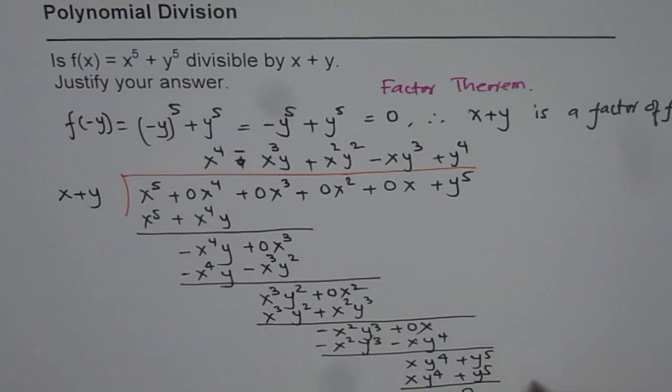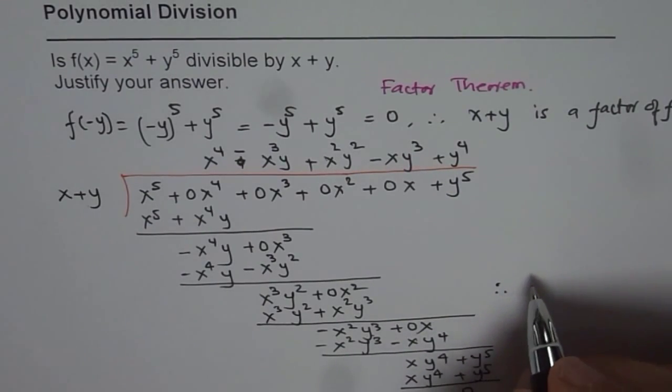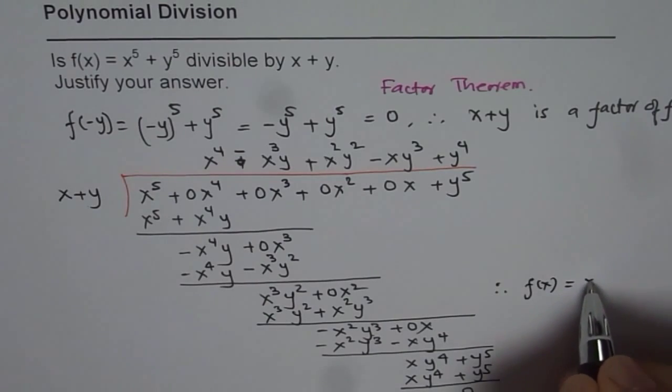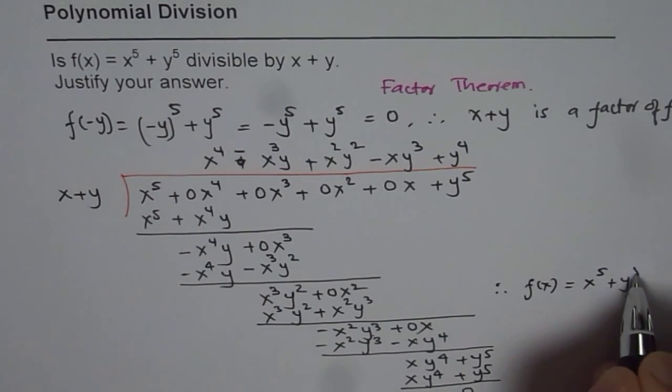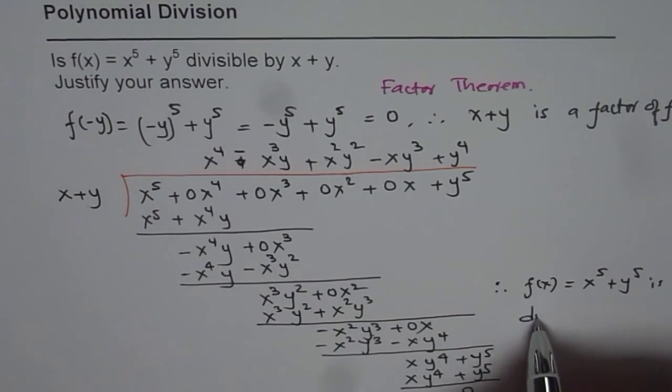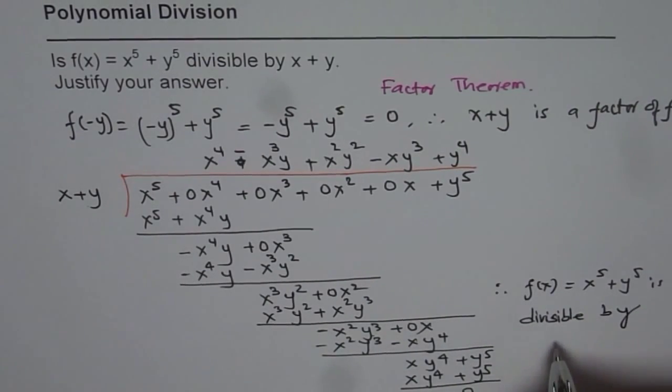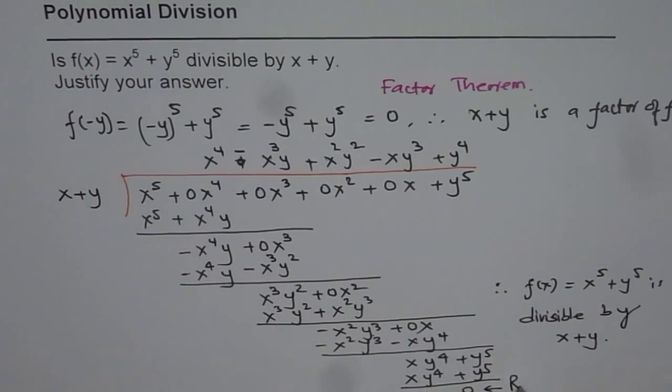Therefore, we say f of x, which equals x to the power of 5 plus y to the power of 5, is divisible by x plus y. The remainder is 0, right? That is how you can show it. You can also do synthetic division for the same, and you should get 0 as your remainder.